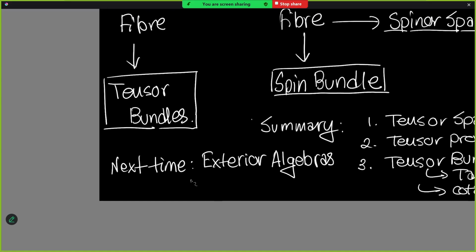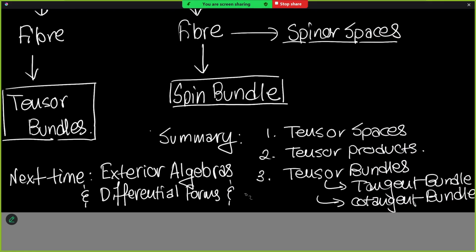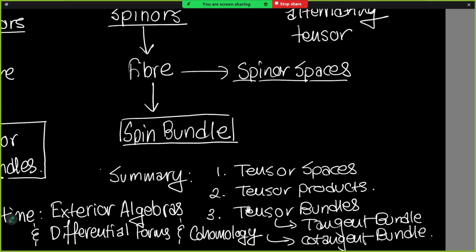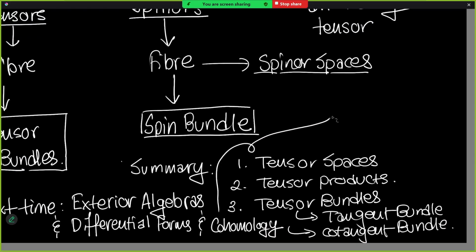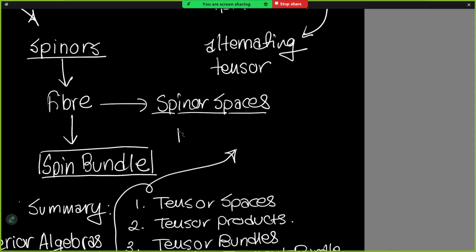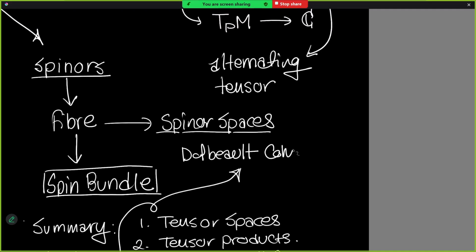So we're going to talk about exterior algebras and differential forms, and cohomology. Specifically, we're going to look at the Dolbeault cohomology group.